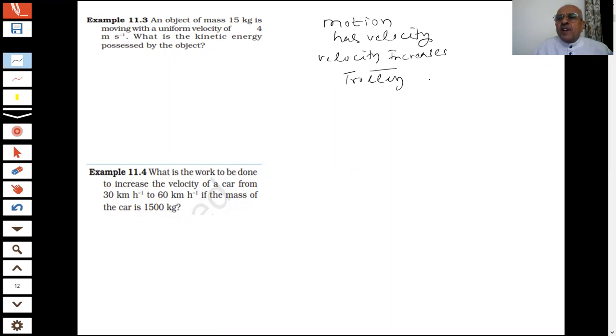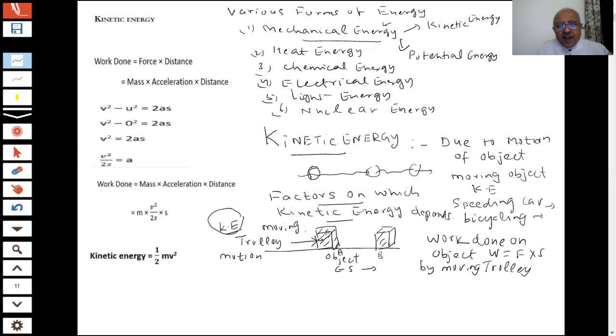The object will go a greater displacement. If it is moving with less velocity, the displacement will be less. If velocity is increased, the displacement will be more. Yes or no? Then more work will be done.